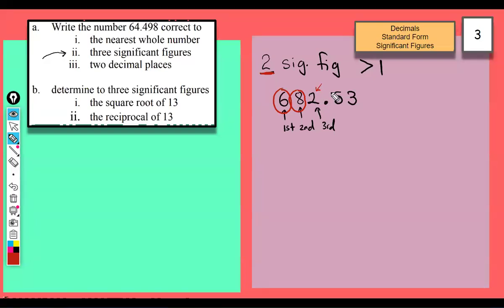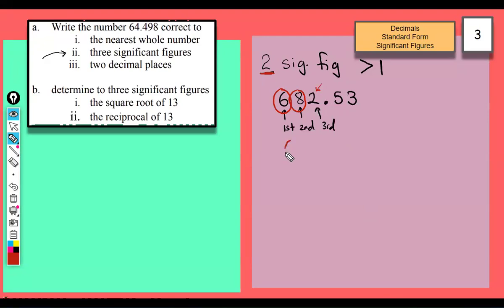We have to ask, is that number 5 or greater? And remember, if it's 5 or greater, we're supposed to add 1 to the 8. So do we have to add 1 to the 8 today? The answer is no, because 2 is not 5 or greater.